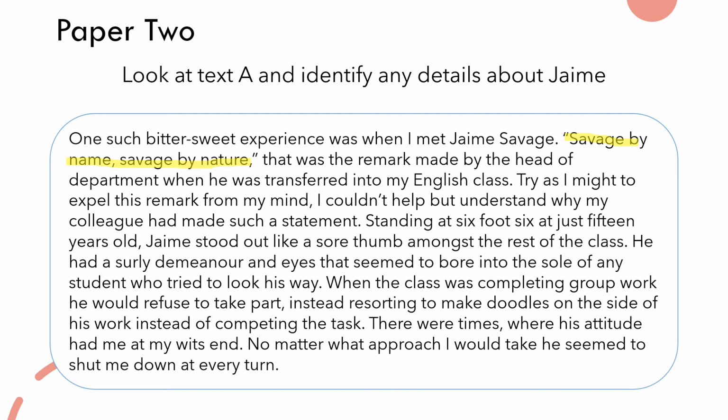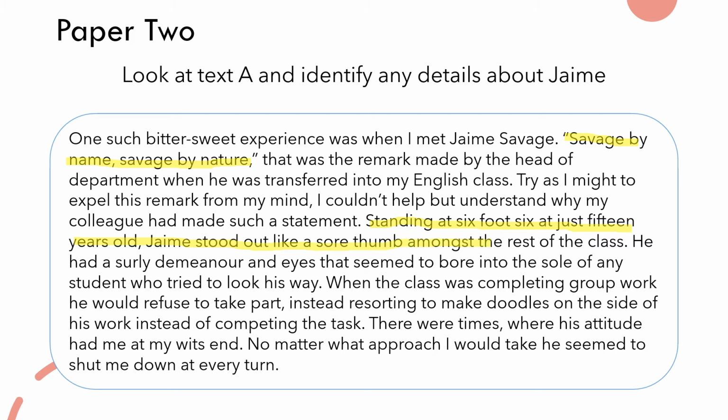The next thing that comes up is that he is standing at 6'6" at just 15 years old. Now, if we think about that logically, that means that generally he's quite a tall student. "Jamie stood out like a sore thumb amongst the rest of the class."